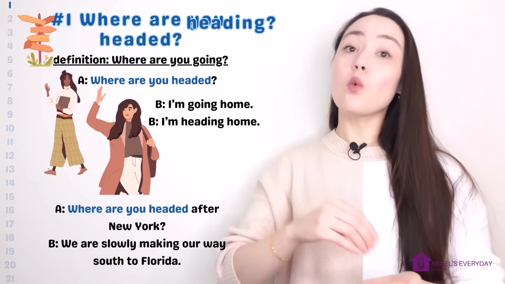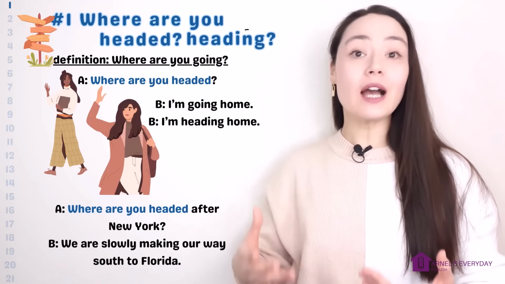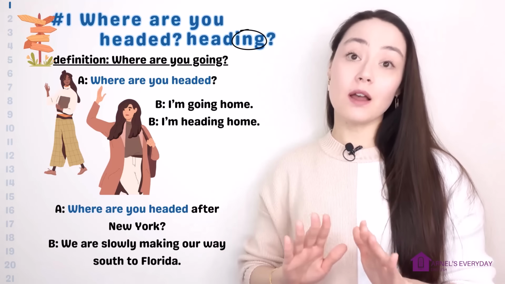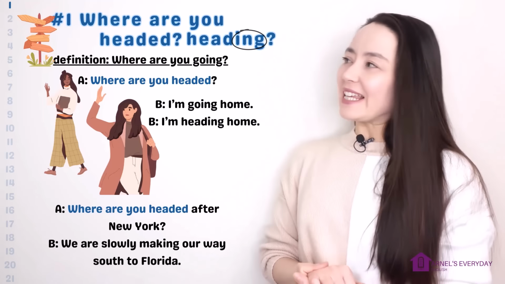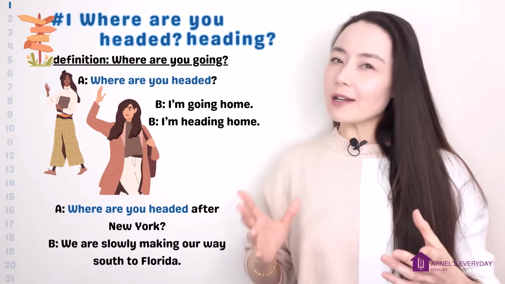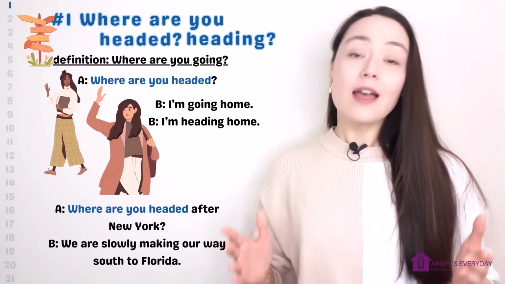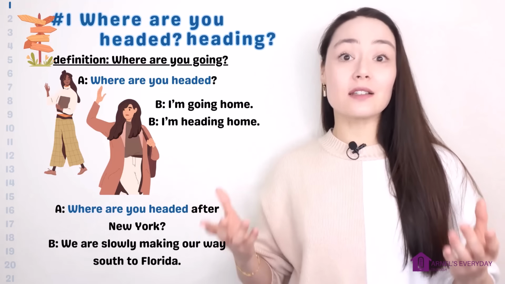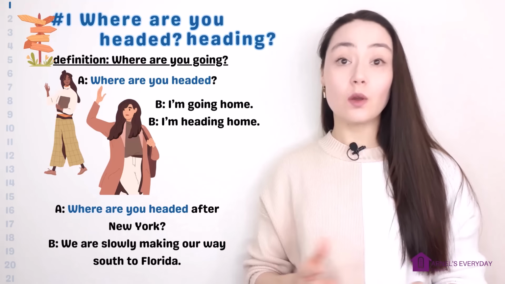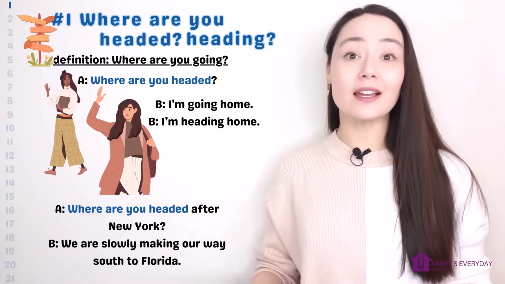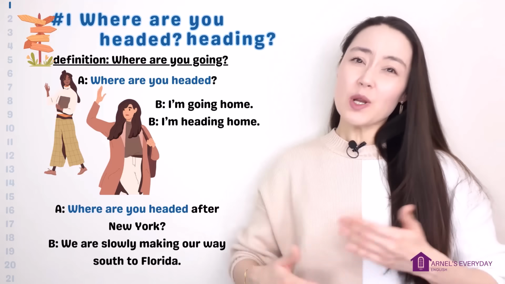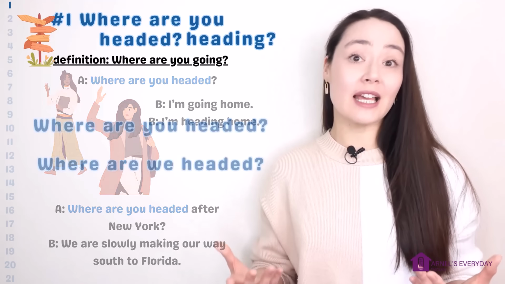Some people say, where are you heading? With the ing form. Same thing. In today's lesson, try not to analyze the grammar. Think about each question as a set expression. Where are you headed? Where are you heading? You know, when we're speaking, we like to be really lazy.